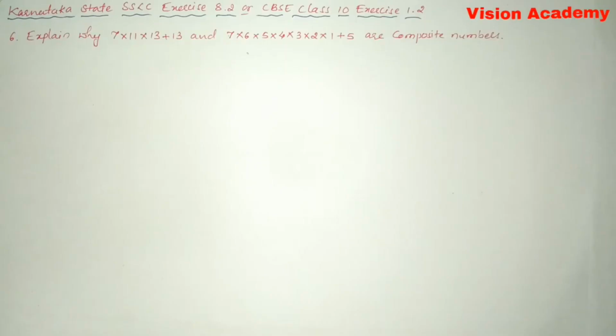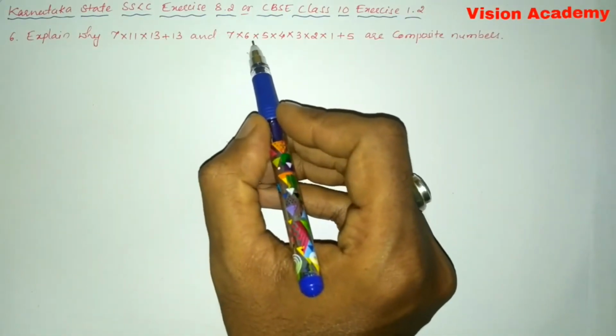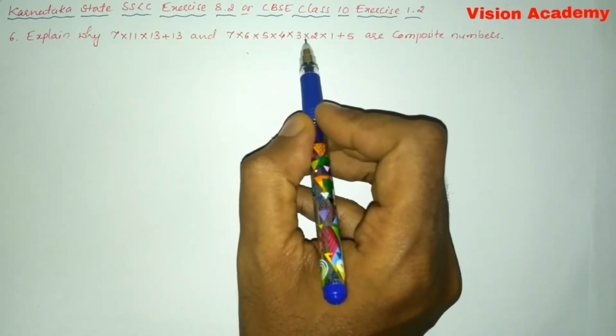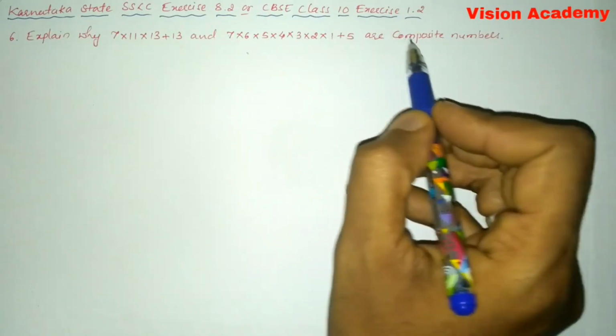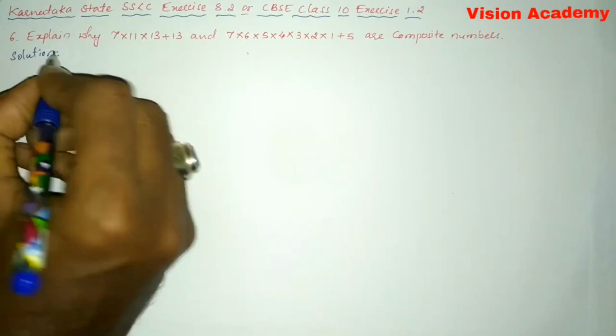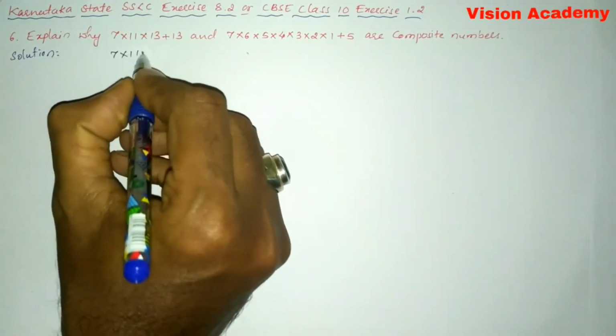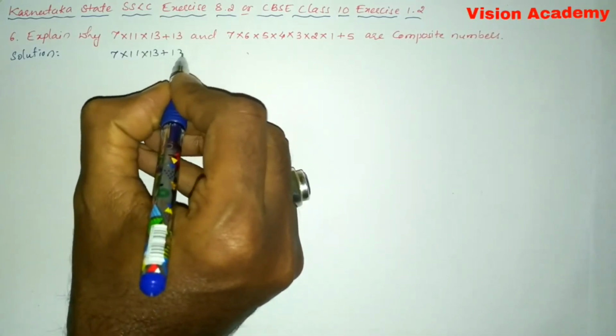Question number 6. Explain why 7 into 11 into 13 plus 13 and 7 into 6 into 5 into 4 into 3 into 2 into 1 plus 5 are composite numbers. Now let us find the solution for the given problem. Let us take the first expression, that is 7 into 11 into 13 plus 13.